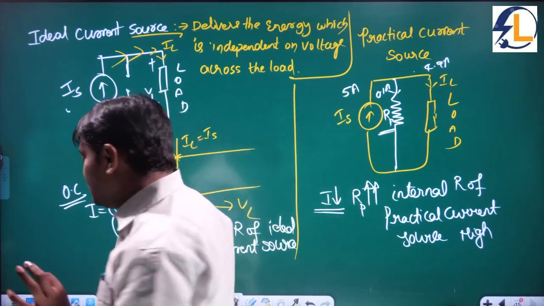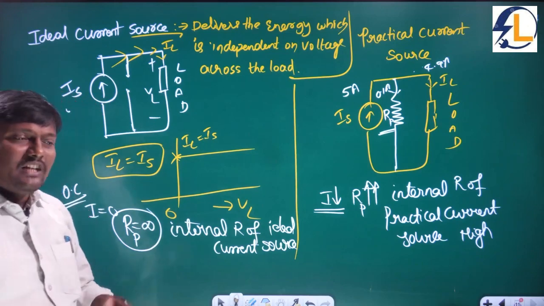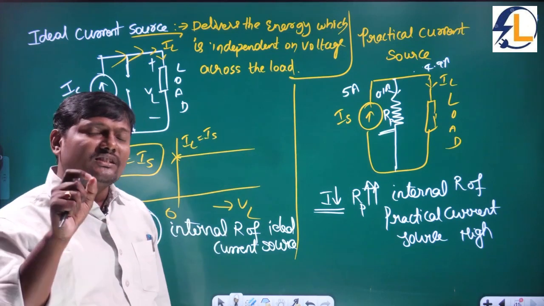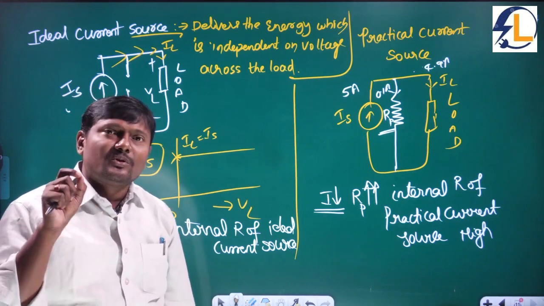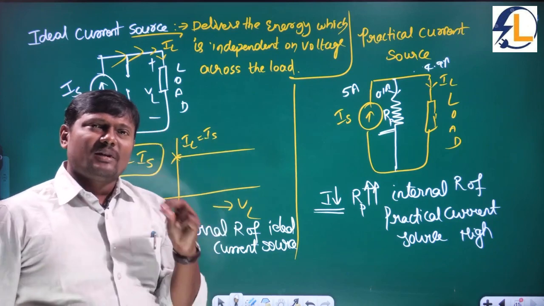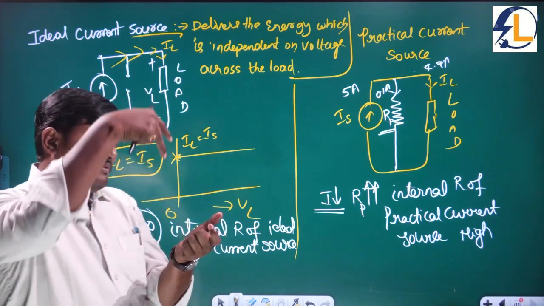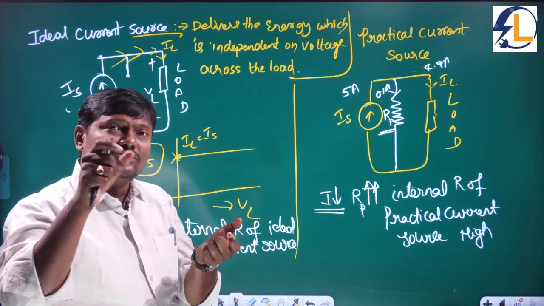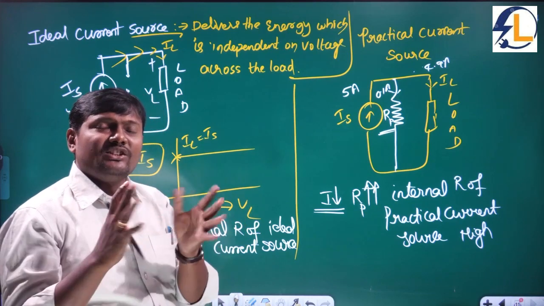Simply remember one thing: in an open circuit voltage exists, but what is the current flowing in an open circuit wire? Zero. Take a 9 volt battery. With the help of a multimeter you can measure it. It shows 9 volts, but there is no current.